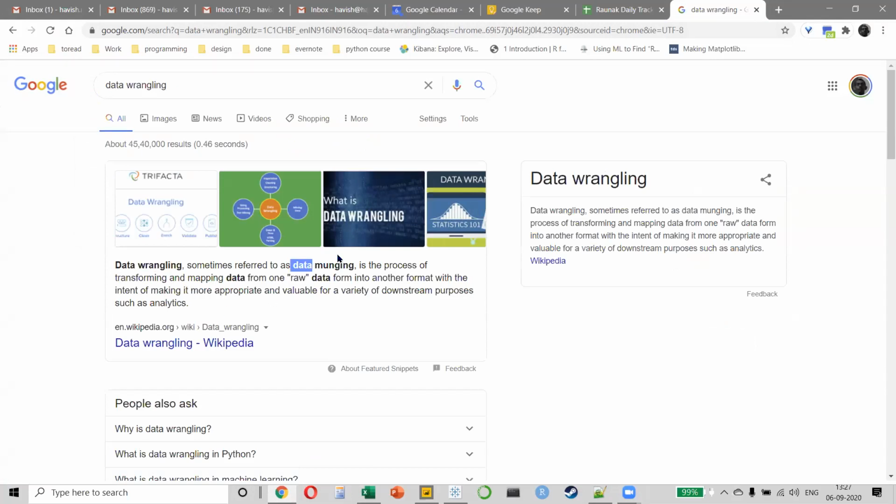Some people call it data munging also, but wrangling is the most common term. Basically, it just means that you're taking your raw data and converting it into a more appropriate and valuable format. Remember, data transformation or data wrangling does not mean that you're doing analysis. A lot of people have this confusion. Data wrangling simply means that you're transforming the data.